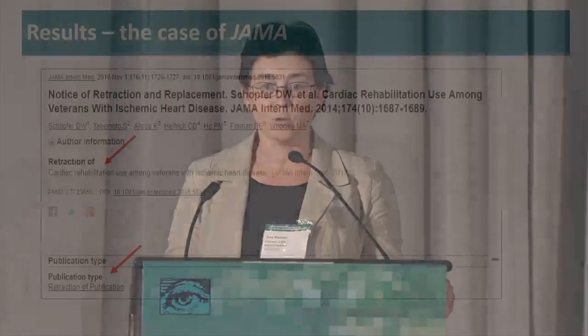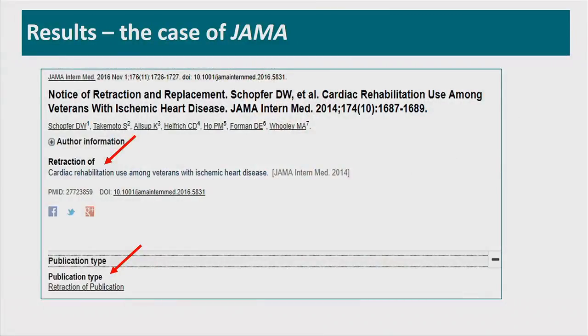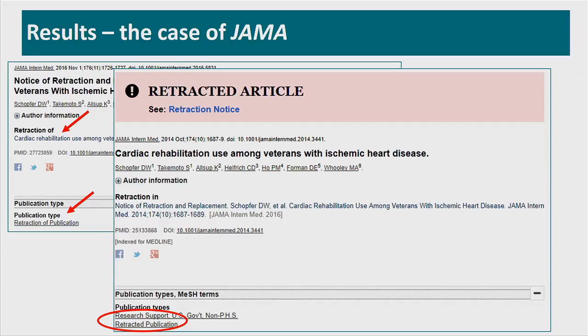So Web of Science and Scopus indexed all of them, and they were, again, a little bit inconsistently indexed. So for example, when you go to PubMed and you look for one of these articles in JAMA, you see that it is a retraction of, and that the publication type down there is retraction of publication. To the notice, and when you go to the actual article, which links from here, you see that it is a retracted article.